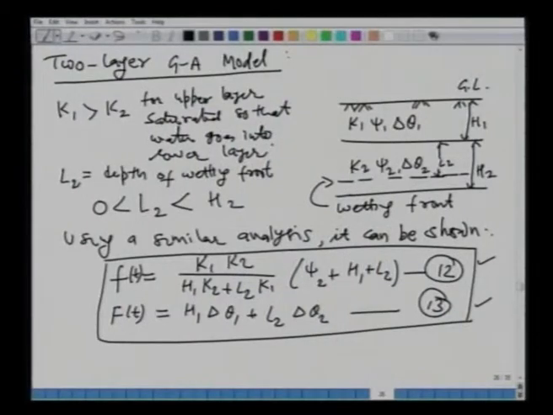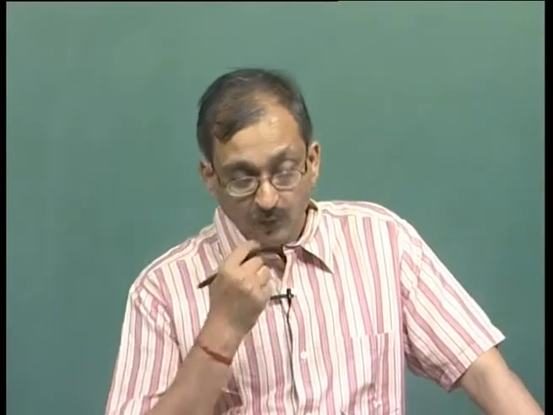You can easily see that it should be very easy to extend this concept if we have more than two types of soils, or 3 layers or 4 layers, or maybe more. Similar analysis can be carried out to extend this to 3 layer or 4 layer. What do we do if there is only one layer? Then we just consider what we had just derived for a single layer.